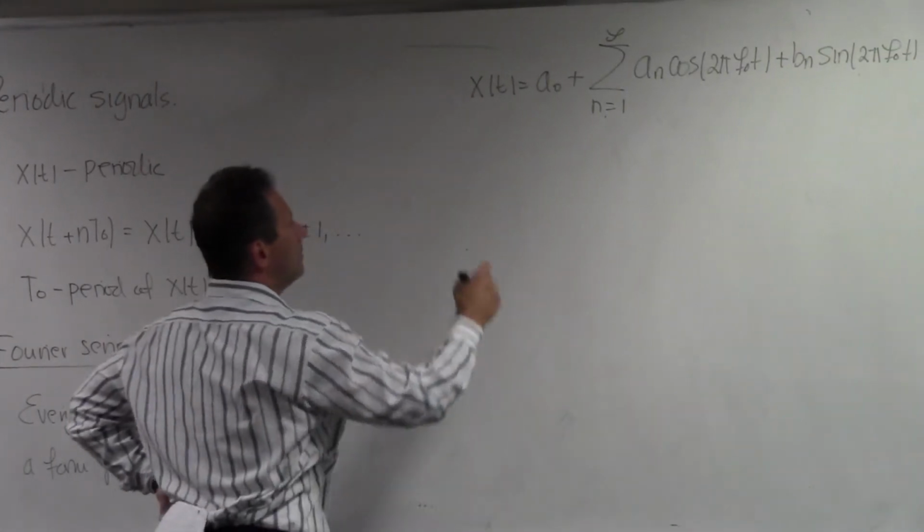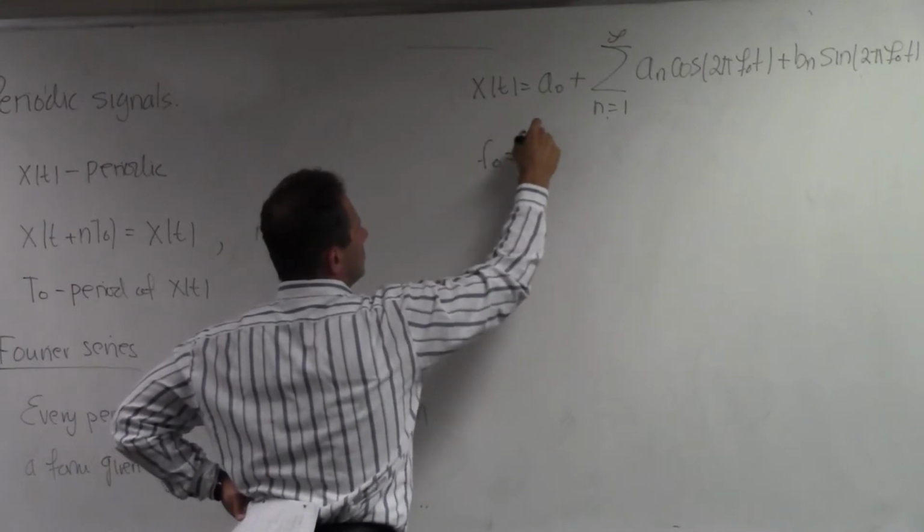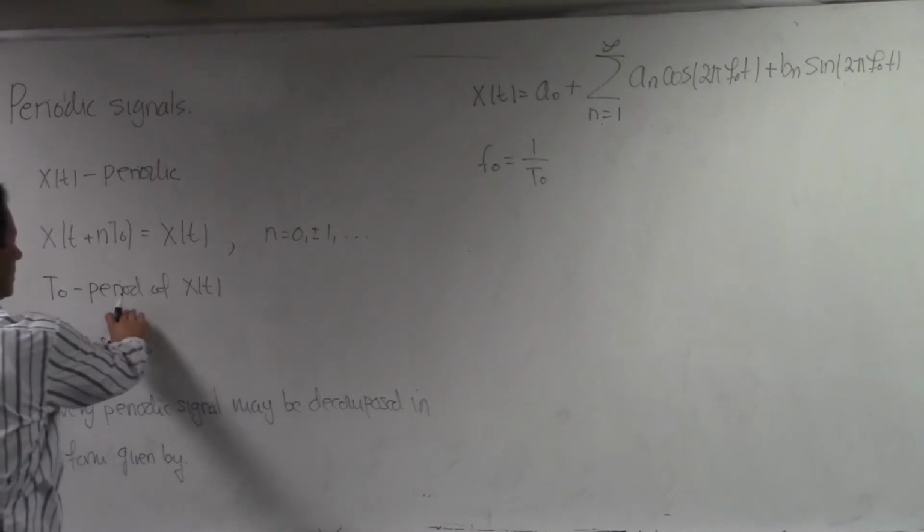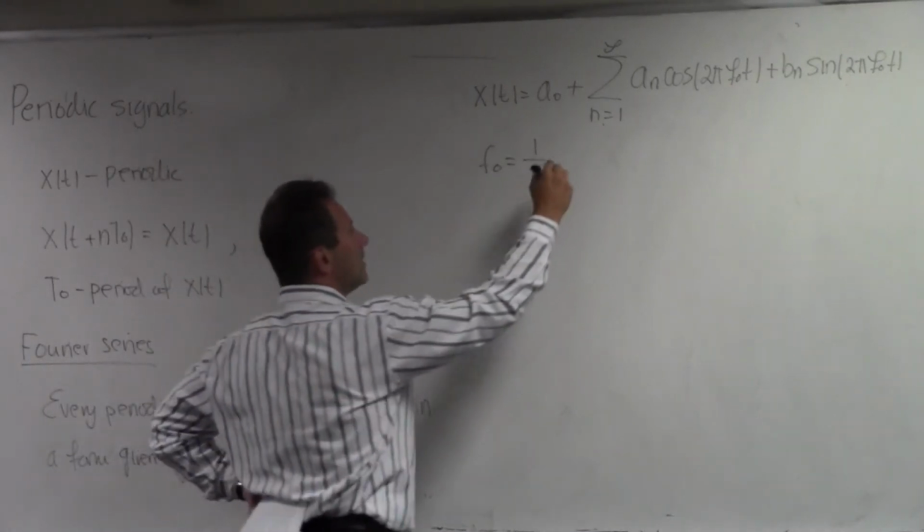Now, in here, f0 is equal to 1 over t0. t0 is called the period, as I said here. This f0 is called the fundamental frequency.